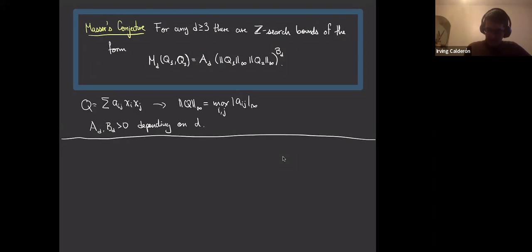So this conjecture of Masser, lots of cases of it were established by Rainer Dietmann.